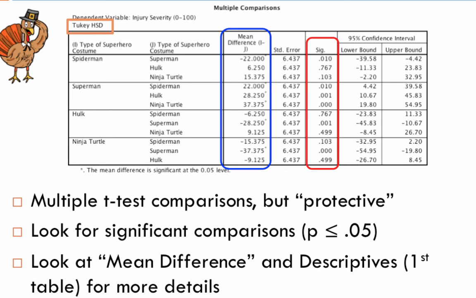Well, we see that Superman significantly differs from all three other costumes: Spider-Man, Hulk, and Ninja Turtles. However, the other three costumes do not significantly differ from each other.